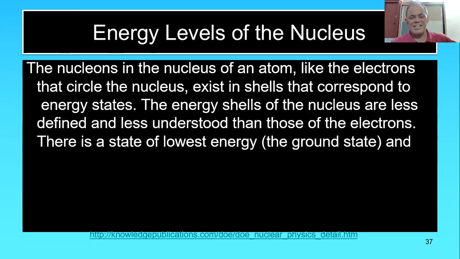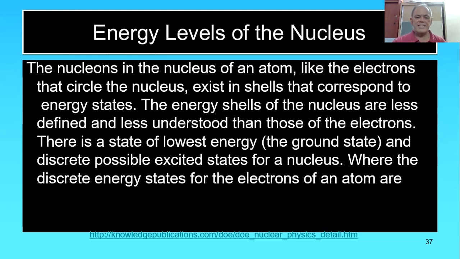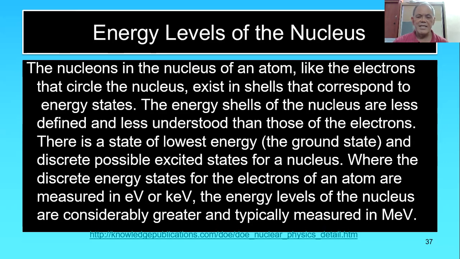These are just extra information for you, general knowledge. There's a state of lowest energy, what we call ground state, and discrete possible excited states for the nucleus, whereas the discrete energy states for the electron of the atom are measured in electron volt or kilo electron volt. The energy levels of the nucleus are in mega electron volt, very large.